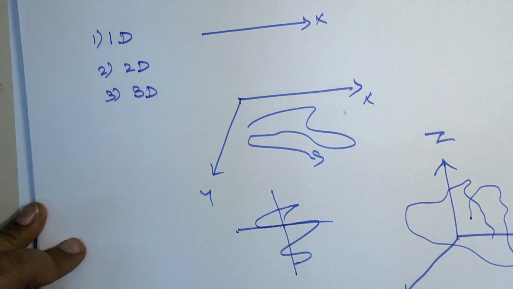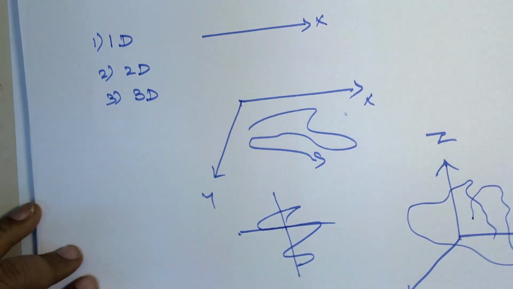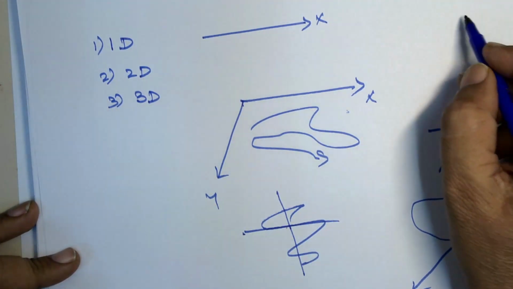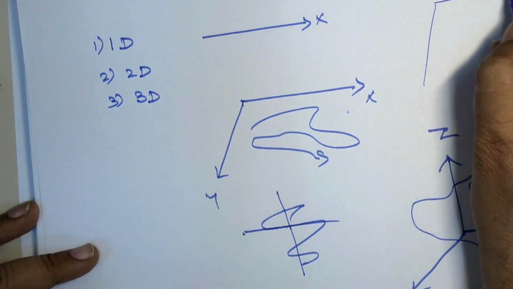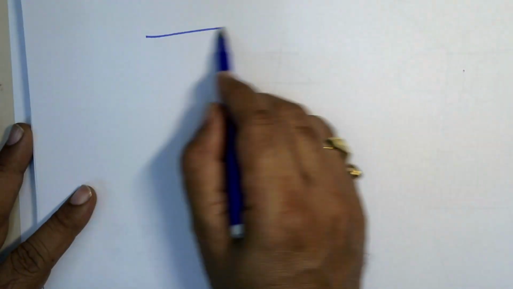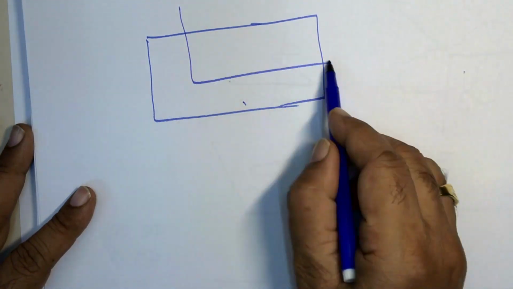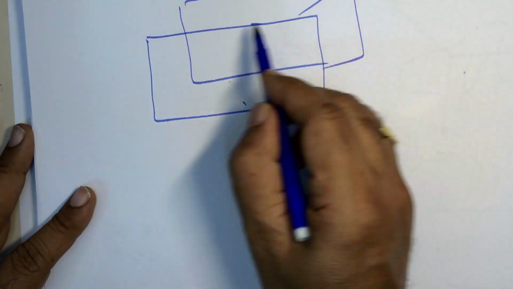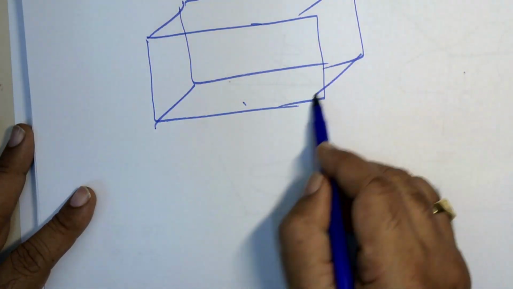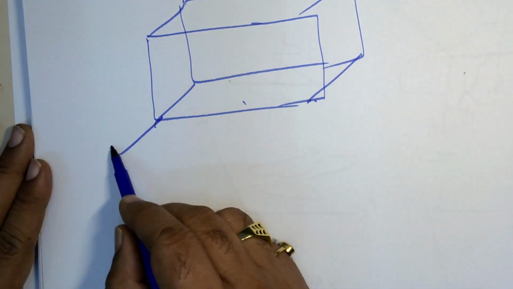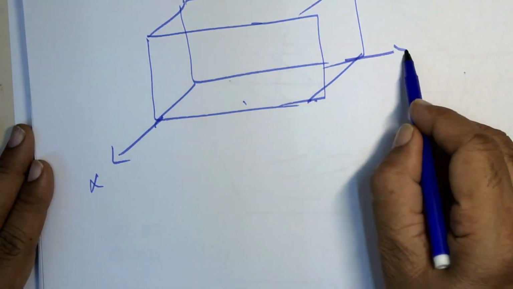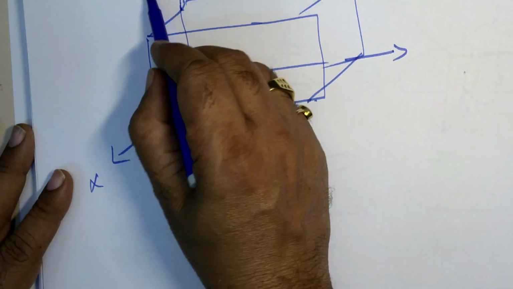Right. Now, let me ask you one simple question. In your room, you've got a wall like this. It can be a rectangular, that is a cuboidal shape. Is it not? Your room. Let me consider like this. And let me take this as x-axis, this is y-axis, this is z-axis.